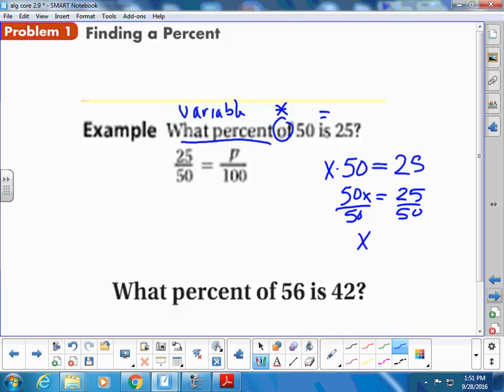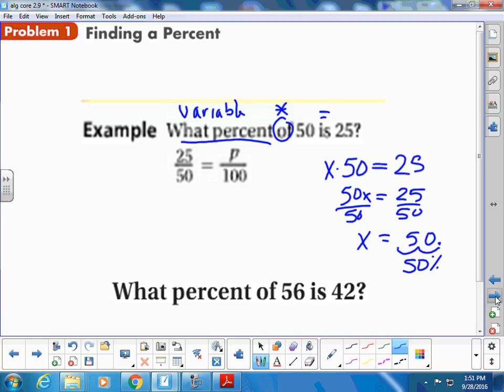I get x equals 25 divided by 50, which is actually 0.5. And now we have to switch to a percentage. So again, we need to either multiply by 100 or move the decimal over 2. So that is 50%.